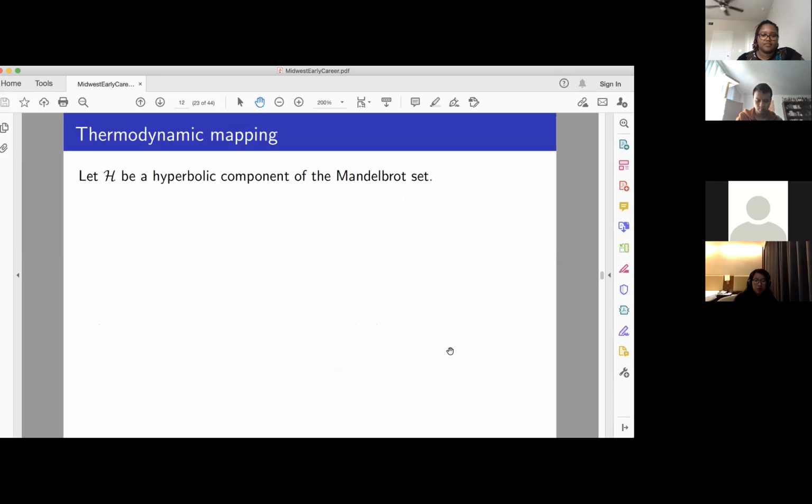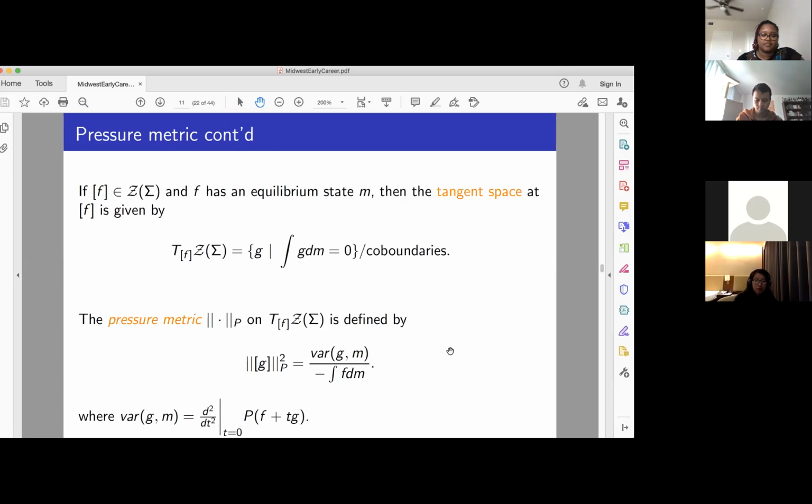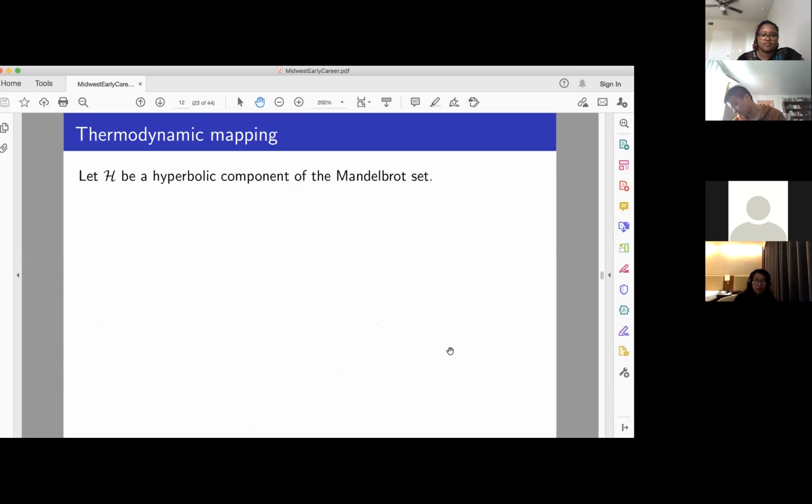Right. So this is a metric on the tangent space of this space Z of sigma, right? It is not quite a metric on a hyperbolic component. So now I'm telling you how we can construct a pressure metric on a hyperbolic component of the Mandelbrot set.